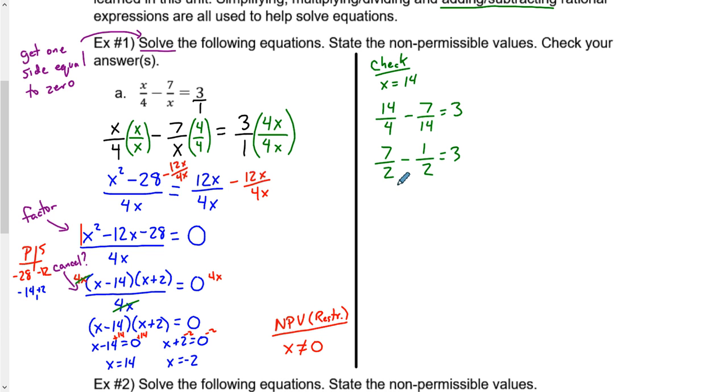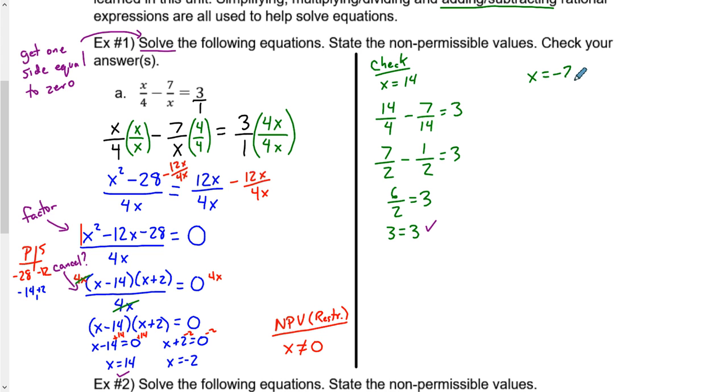Now we have that common denominator, so we can subtract across the numerators. 7 subtracting 1 is 6. 6 over 2, absolutely, is 3. So that means that x equaling 14 is one of our answers. It works.